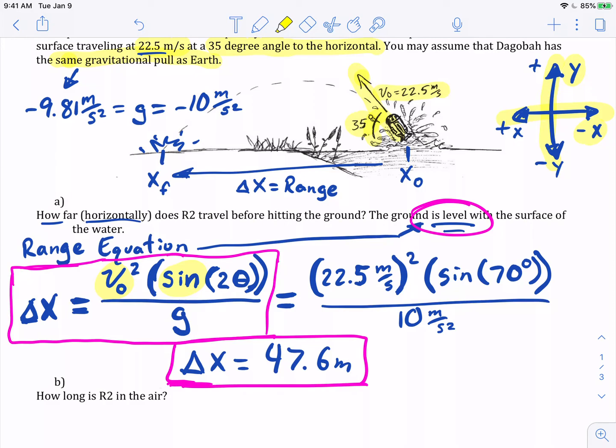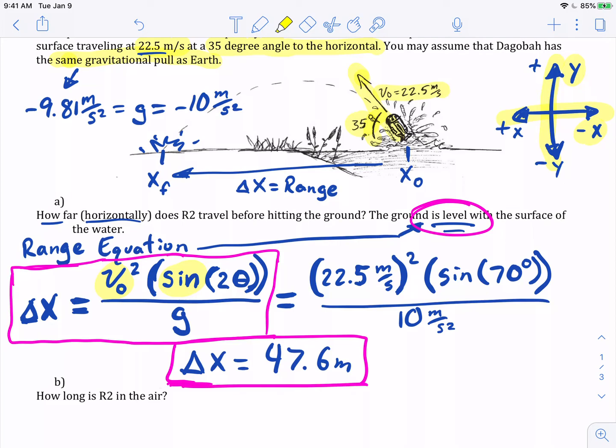You can't use the initial velocity just as it is, the 22.5 meters per second, unless you are working with the range equation or another equation that has already incorporated the trigonometry to break that initial velocity into its components.